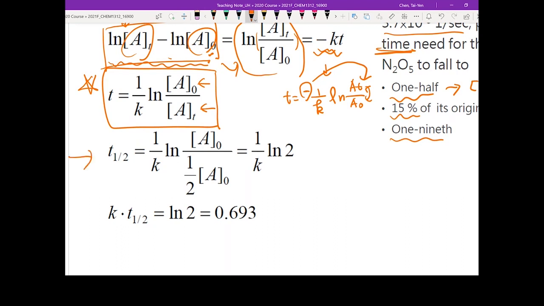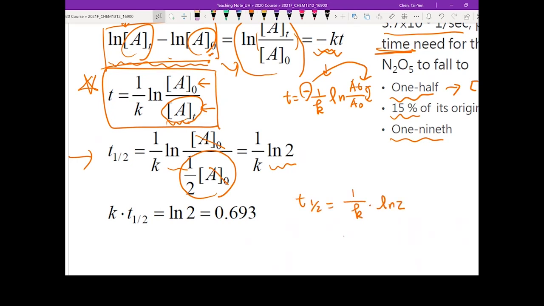So once you have this, then for the half condition, your At is equal to 1/2 of the initial concentration. You can just replace this one as 1/2 of the A naught. And then the A naught is going to cancel out, and this natural log term becomes just natural log 2. So in the end, the t half is actually equal to 1 over k times your natural log 2.